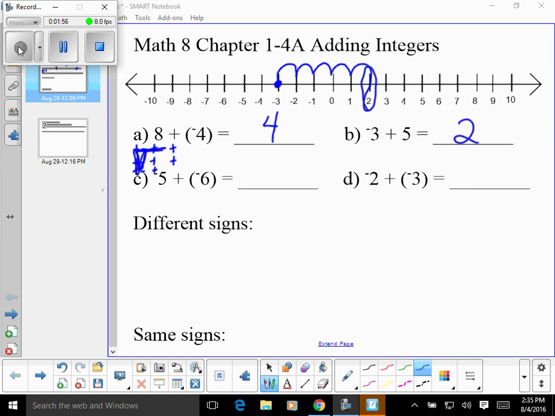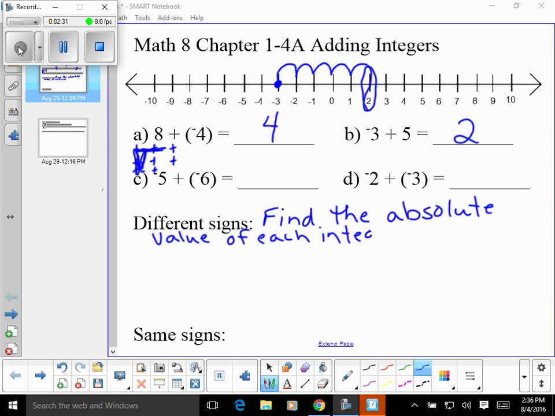Now if you'll notice, here we used a positive sign and a negative sign. We call those different signs. What you need to do, and this is our rule, it's kind of long, so you might have to pause and catch up and then do the writing. Find the absolute value of each integer.